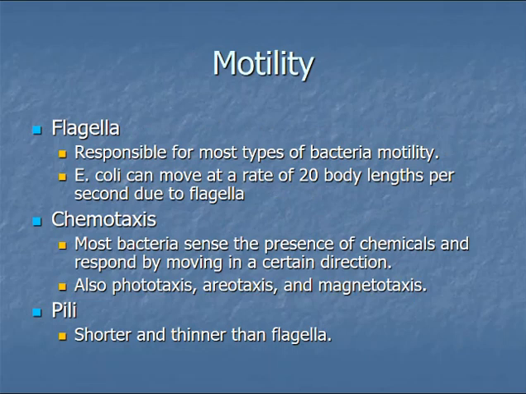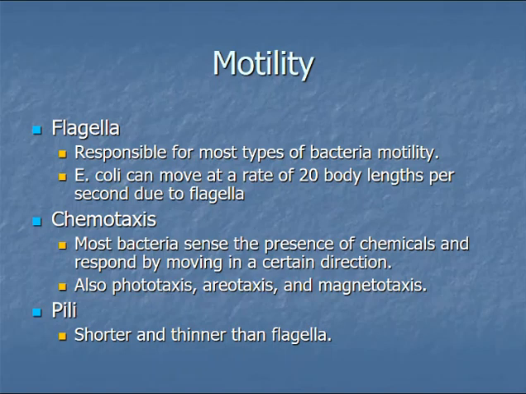All right, motility, movement. Like I said earlier, some of these have flagella. E. coli is one of those. It can move at 20 body lengths per second. Like I said, really fast. Doesn't get very far, but really fast. And there are other things that help the bacteria to move.